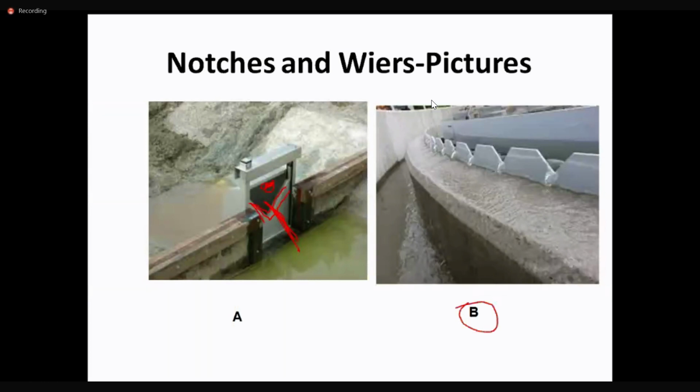You have water gushing out from the weirs, or notches, whatever you call them. Remember we said the difference is just about the scale. In picture B, they are using it to raise the height.